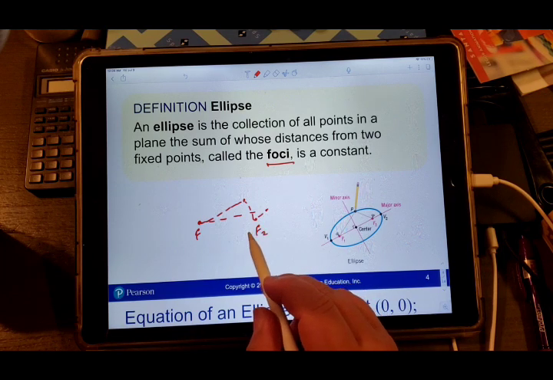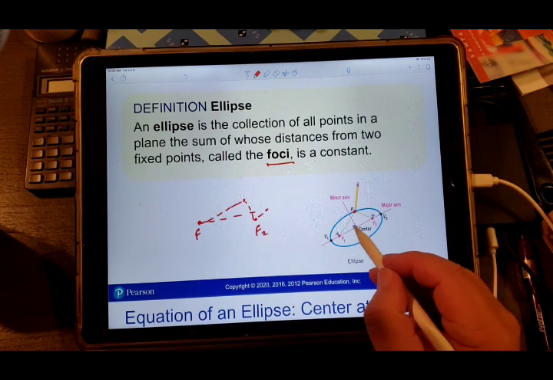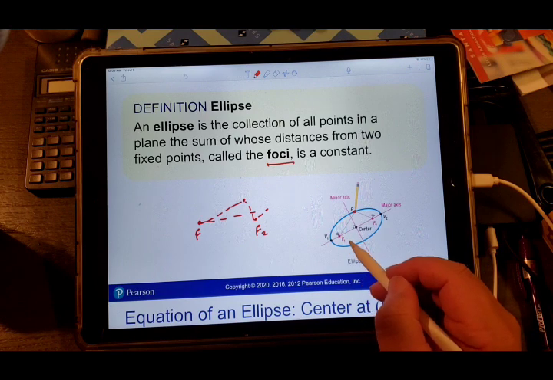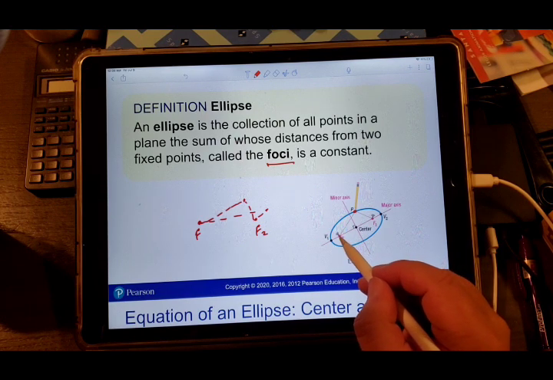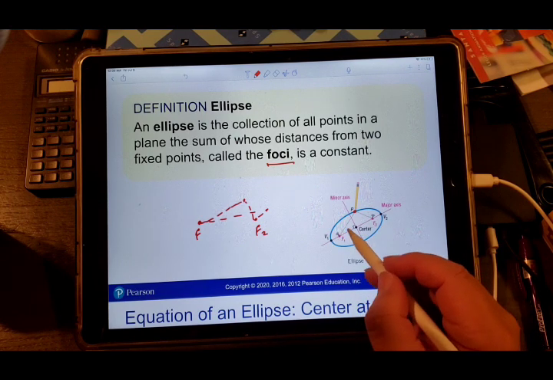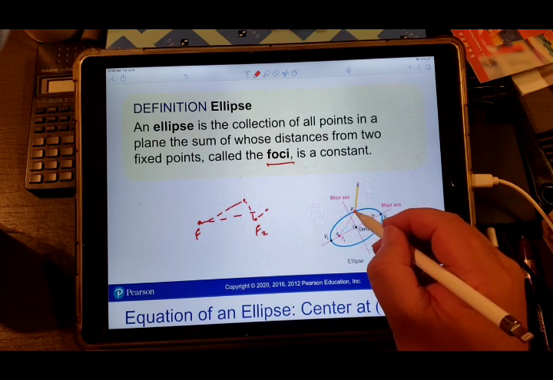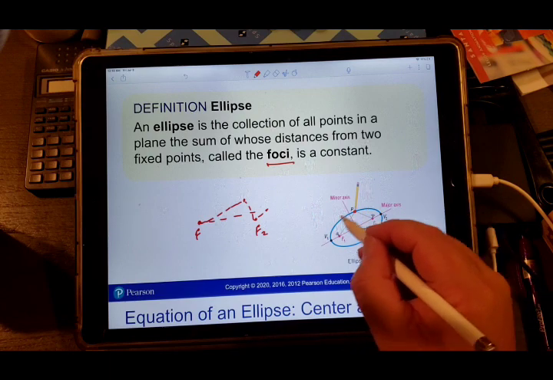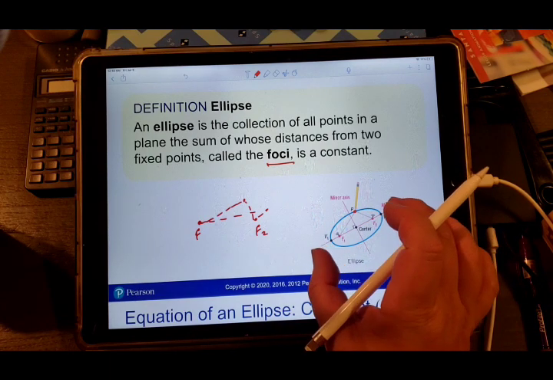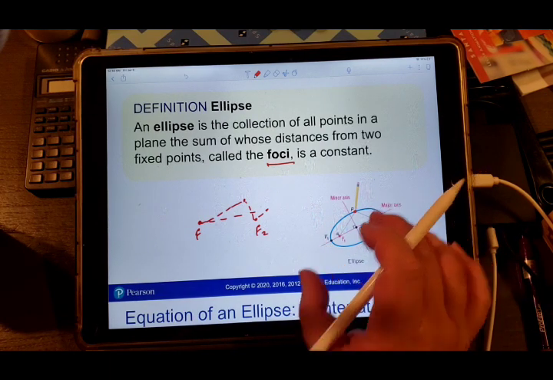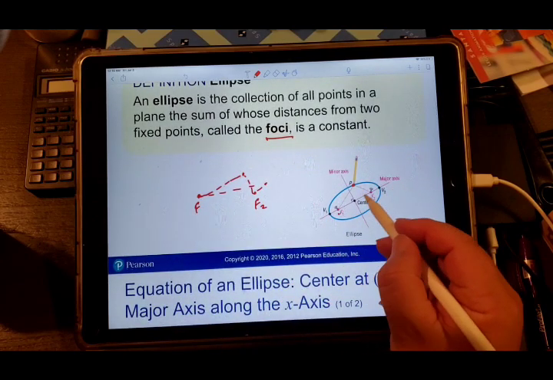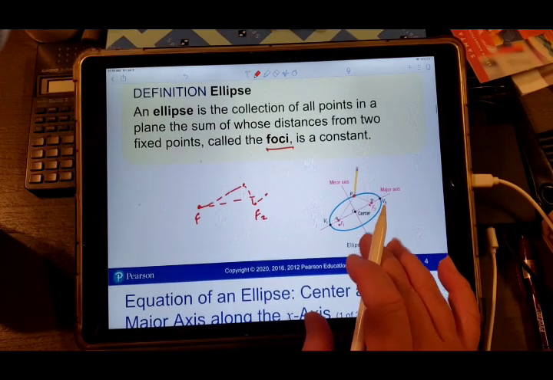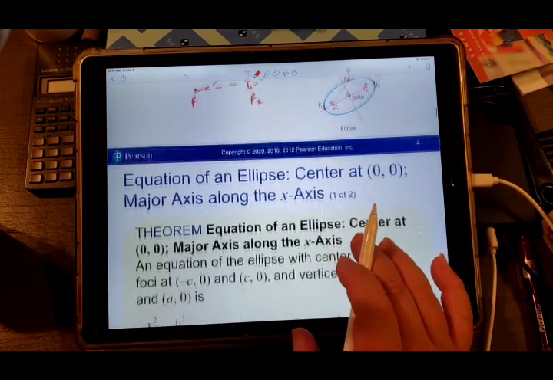And a good way to imagine this or to draw it is to take 2 pins and a string, and that string won't change its length. So the total length of the string is constant, and that gives you an image of an ellipse and tells you the role of the 2 foci. And that's probably the big story here.